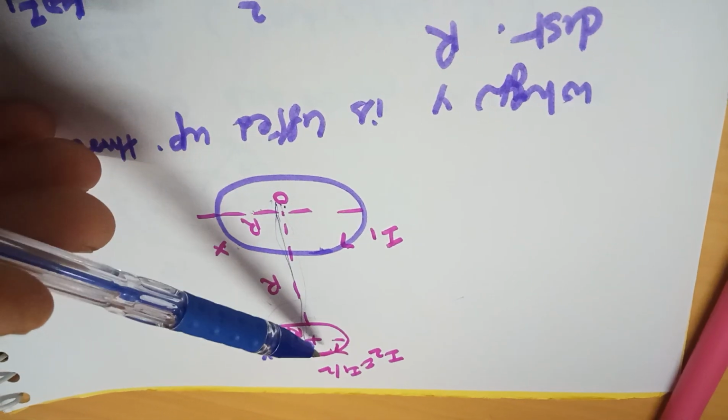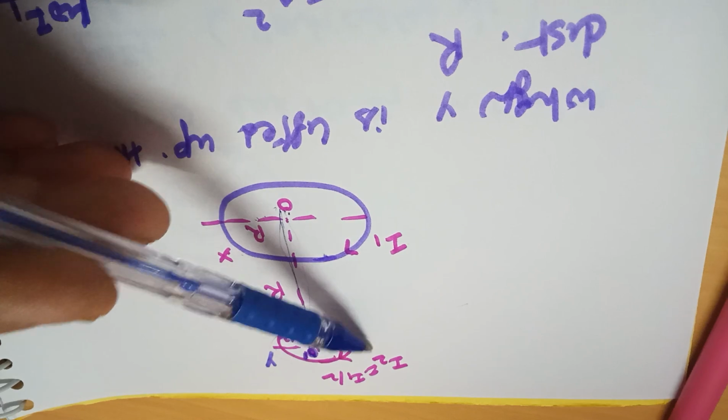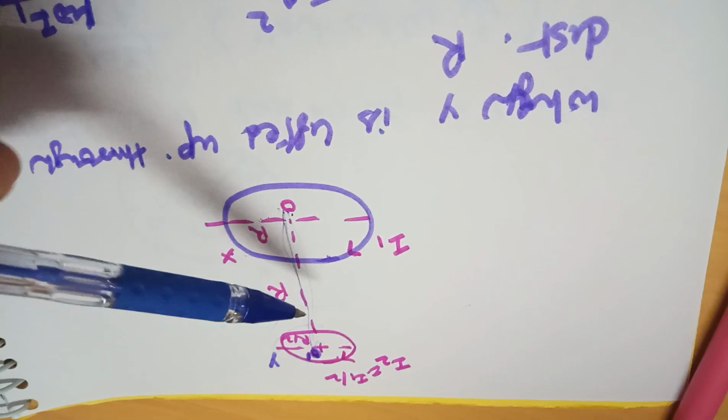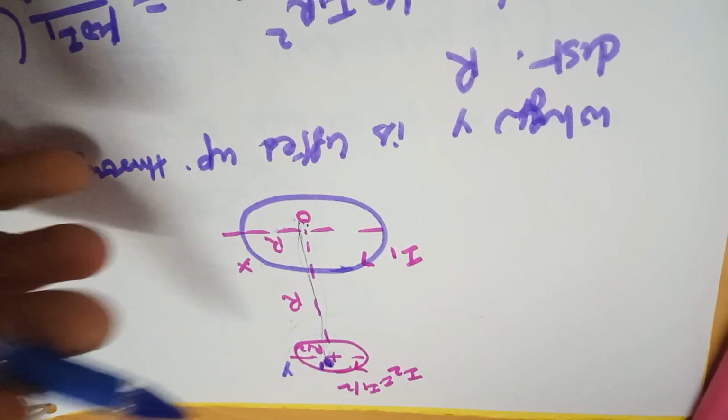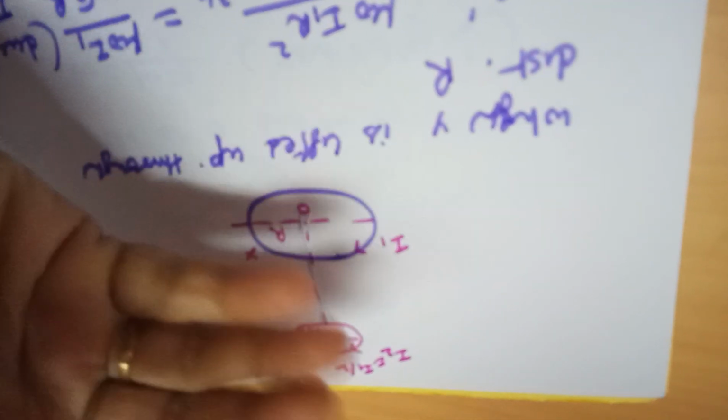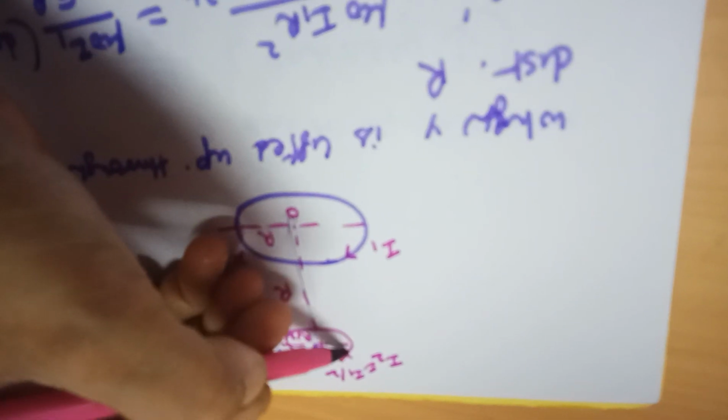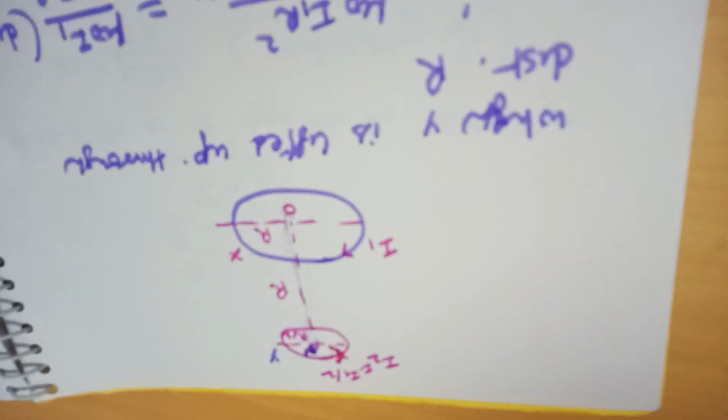According to the first condition, the current flowing in Y is I2 equal to I1 by 2, and we have taken that current in the anti-clockwise direction, because earlier the current in Y was anti-clockwise.